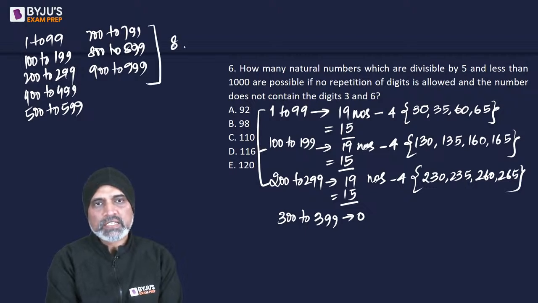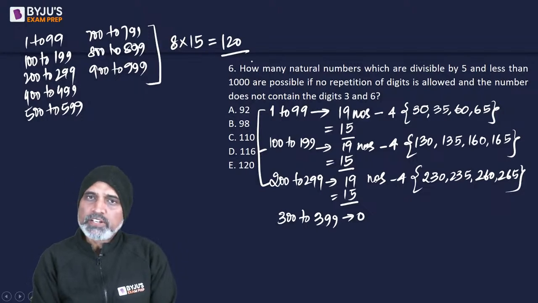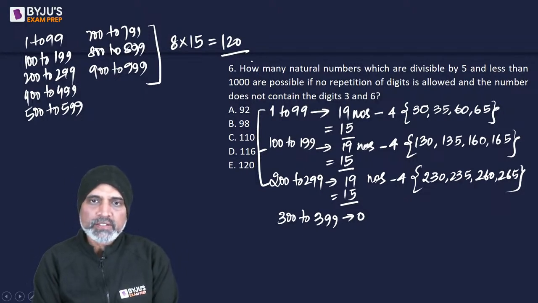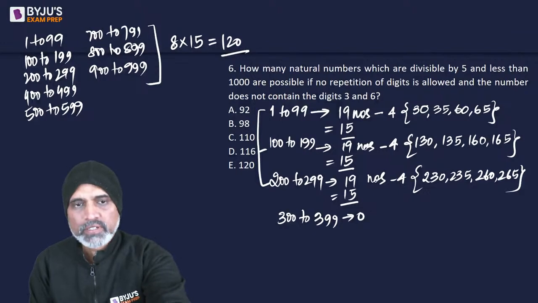So we have 8 such cases, and each case is giving us 15 such values, which will result in 120. 600 to 699, we can't have any. Repetition of the digits, are they allowed? Yes, they are allowed.